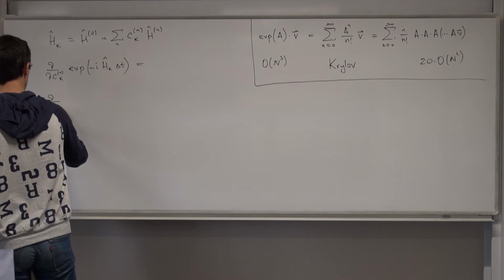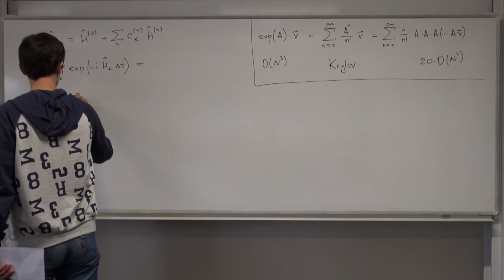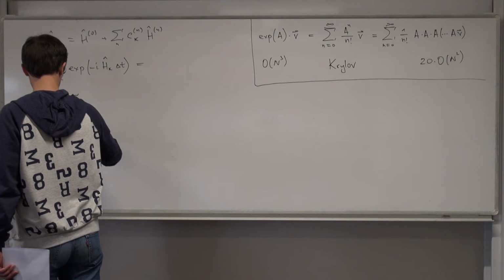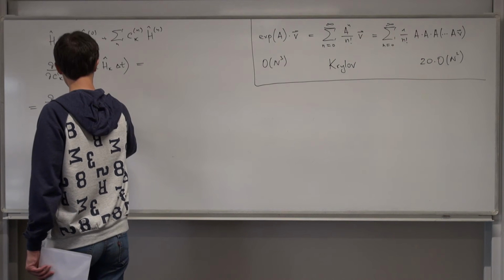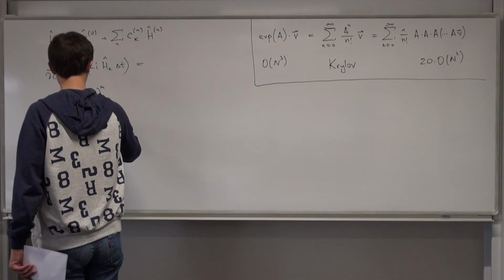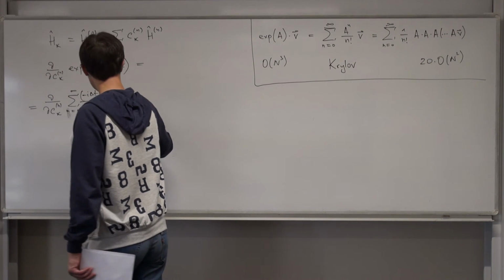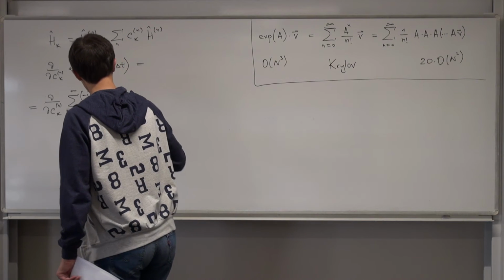So it would be d by dck of the sum, let's call the summation index m, from 0 to infinity of (minus i delta t) to the power m over m factorial, and then we've got Hk to the power m.